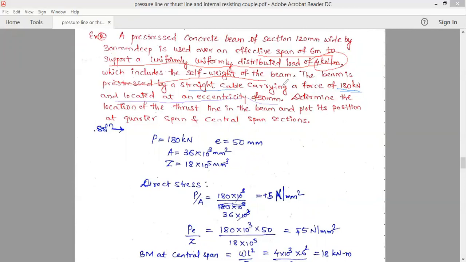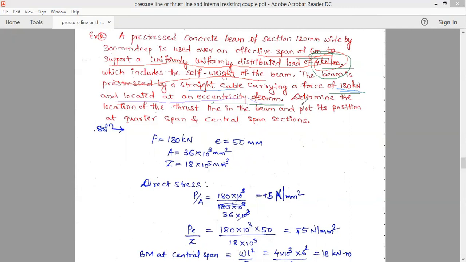So eccentricity is 50 mm. It carries a load of 180 kilonewton, and the UDL on the beam, or the external load, is 4 kilonewton per meter and span is 6 meters.